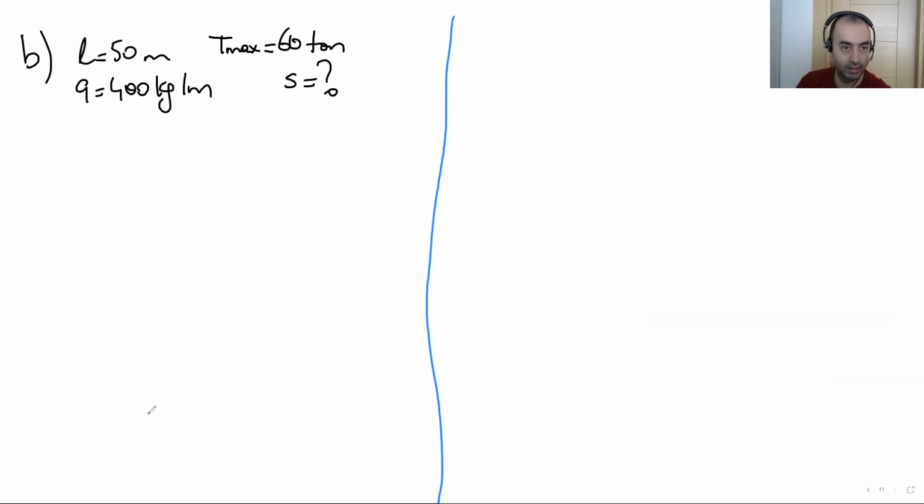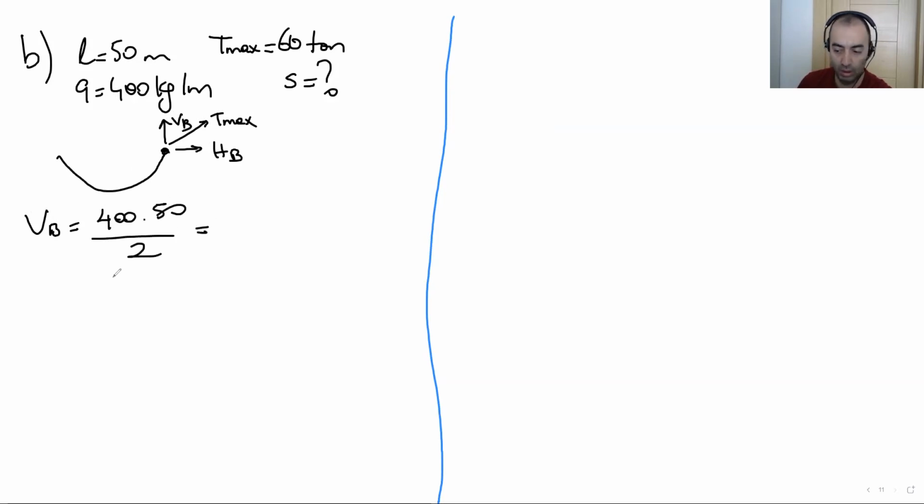Let's write Tmax. What is the vertical component? Here I have, for example, HV, and Tmax is here. Vertical B here is Q times 50 over 2.